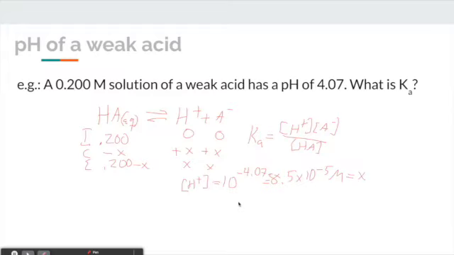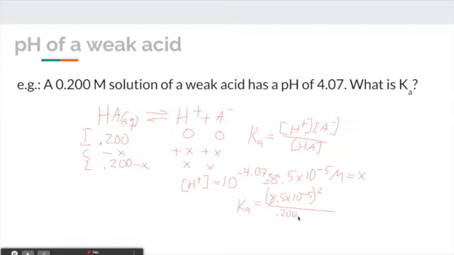So in our chart here, Ka is going to be X times X. So that's going to be 8.5 times 10 to the negative 5 times itself, and then divided by the concentration of HA, which is 0.200 minus 8.5 times 10 to the minus 5.